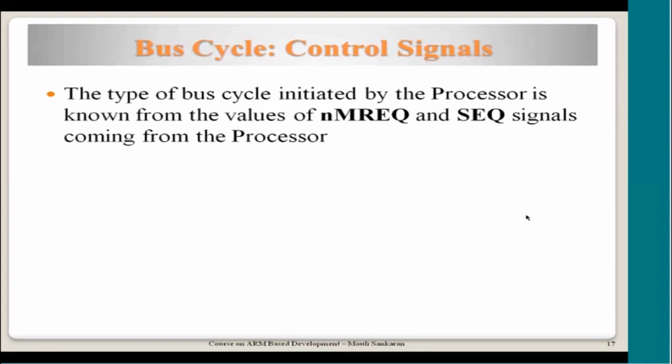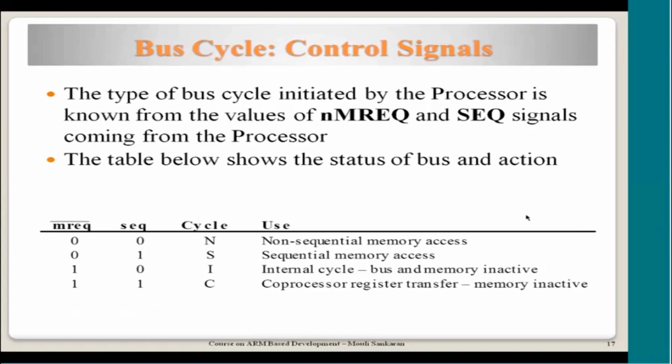Now, how is it communicated? This is the way the signal, the combination of these, is coming out. Based on this, you can see whether it is given by the processor or it is coming as an input or output to the processor. This is an output from the processor to indicate that it is doing one of these cycles.